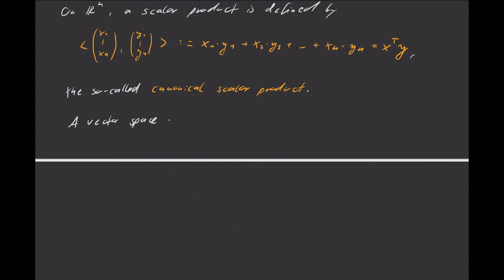So a vector space equipped with a scalar product is referred to as an inner product space.